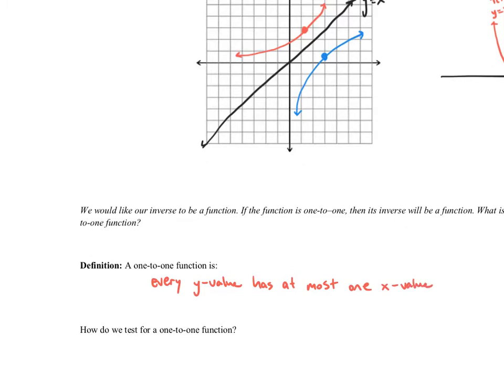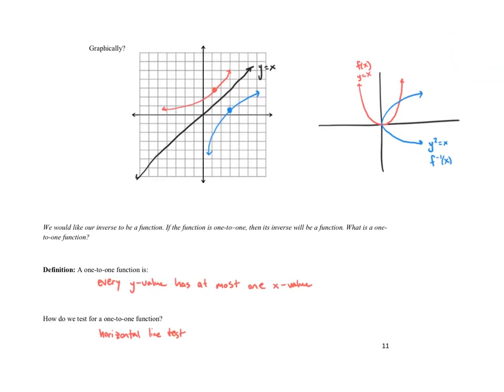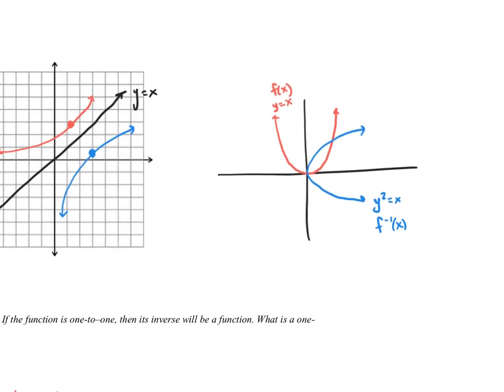In other words, we can test if a certain graph is a one-to-one function by using the horizontal line test. This is just like the vertical line test, except now it's horizontal. Take this red function, y equals x squared, I apologize, I should have put x squared.